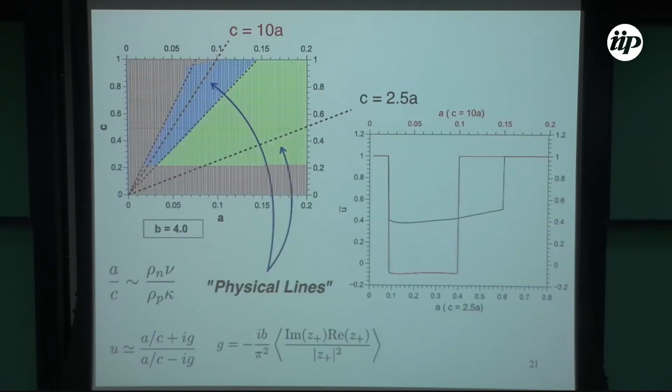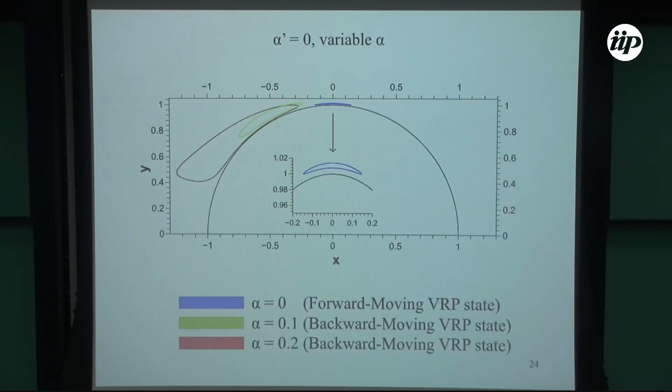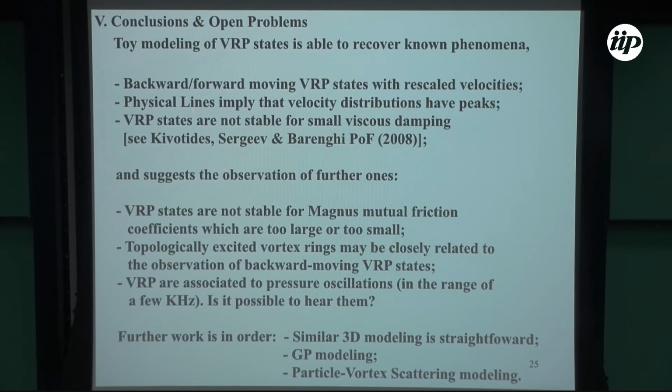So if viscous damping is small enough, you don't have bound states. And this is related to something that was already observed by Kivotides, Barenghi and Samuels in Physics of Fluids 2008. They noticed that if dissipation is small enough, you don't have attachment between the particles and the vortex filaments.